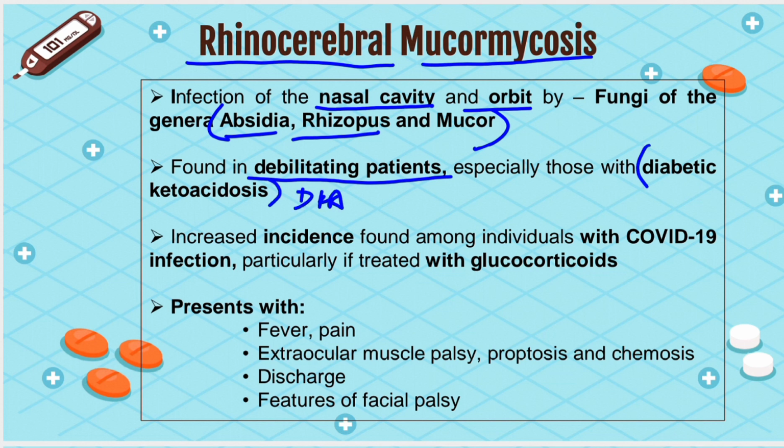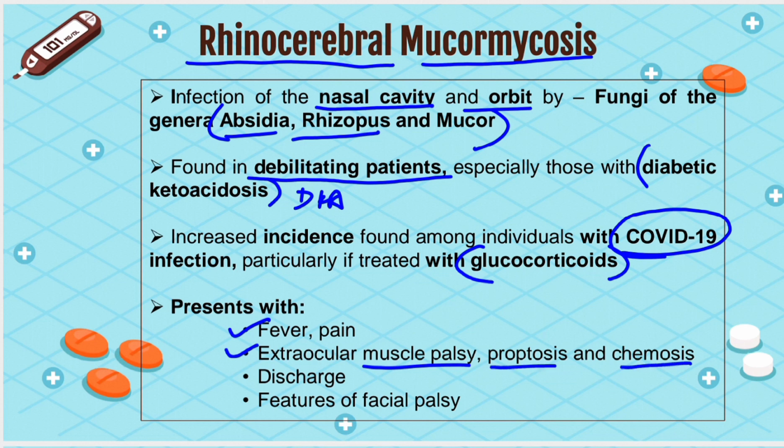The incidence of rhinocerebral mucormycosis is found to be high among COVID-19 infected persons who are treated with glucocorticoids.